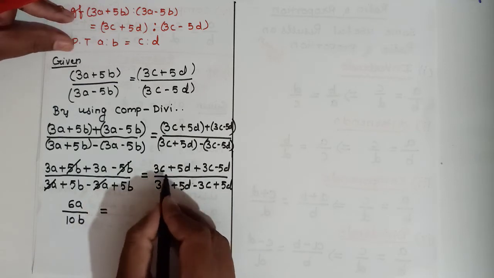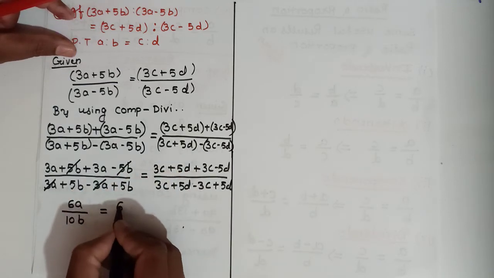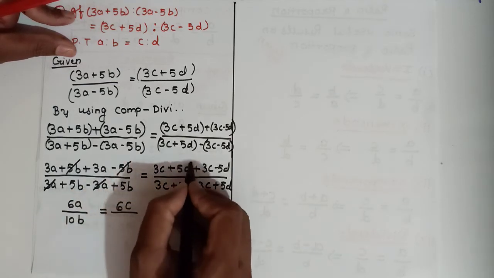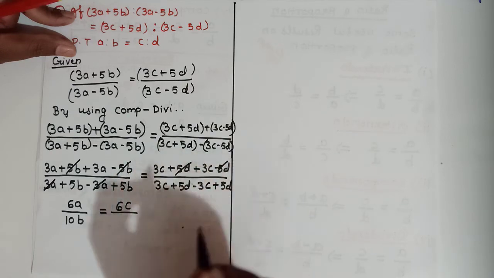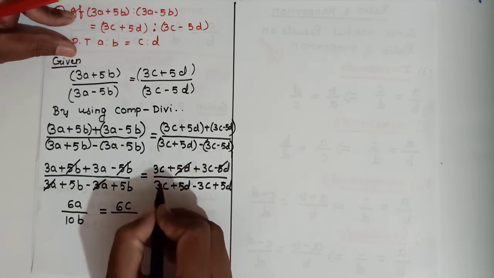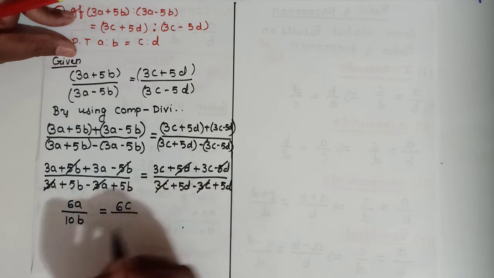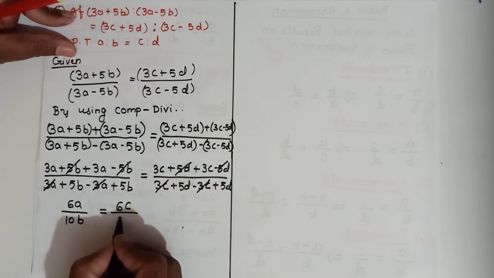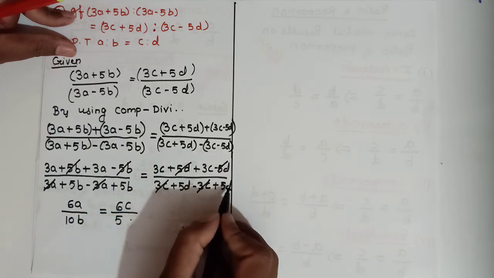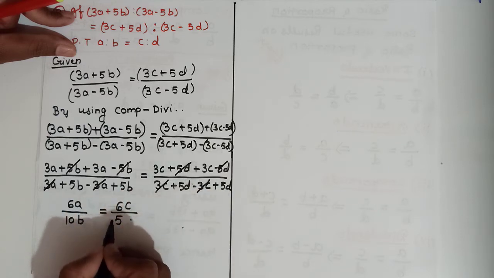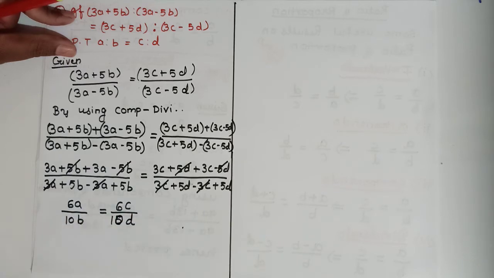Here 3c plus 3c will become 6c, and plus 5d and minus 5d will become 0. Same way here plus 3c and minus 3c will become 0. So in the denominator what we will get? 5d plus 5d, which means 10d. So let's write 10d.